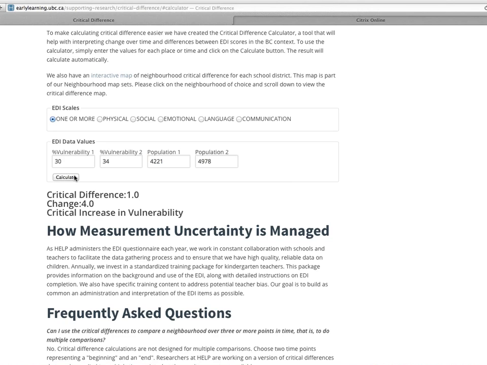So this calculator is using the curve, so as population size increases, the difference will decrease approaching 0. But there has been discussion that maybe, say, 2% might be a cap on the minimum amount of change that we would need to see. And so it's slightly open to interpretation.